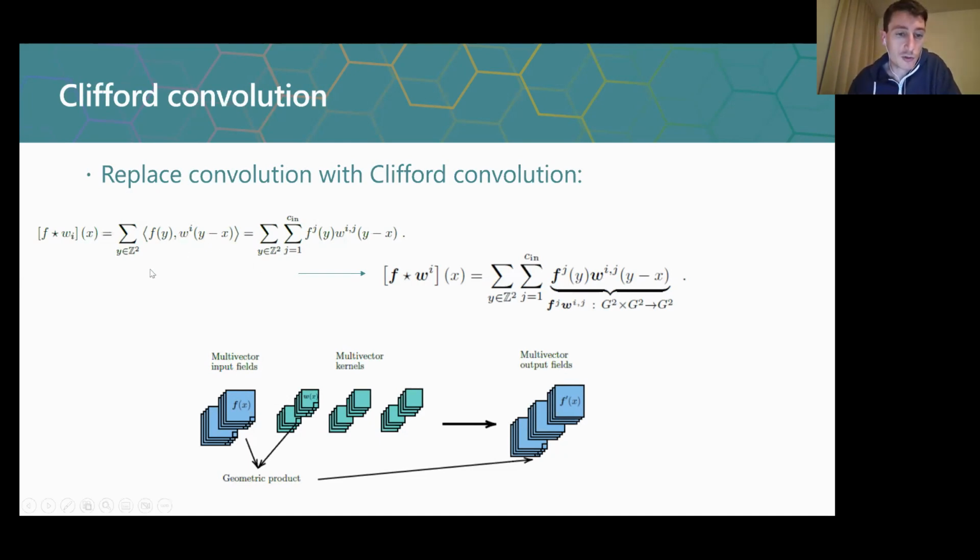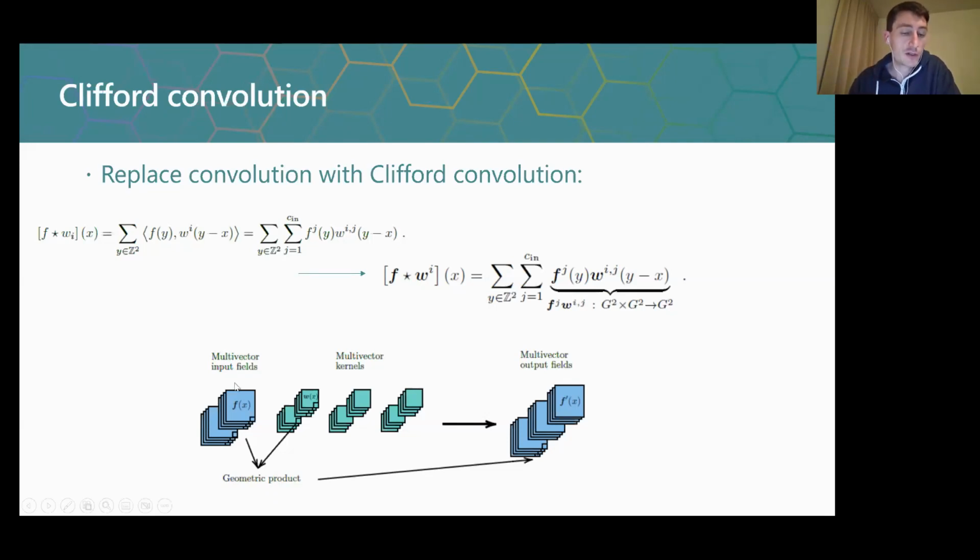Because if you think of these input fields, which normally you would say are like 10 channels, or like 8 channels, I think, to be concrete, we can think of these channels as a bunch of multivector channels. So in that sense, we just have 2 multivector input fields, and each of these 2 input fields has a scalar part, a vector x part, a vector y part, and a bivector part.